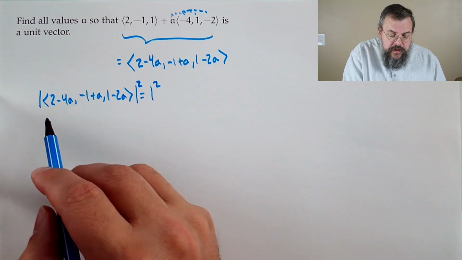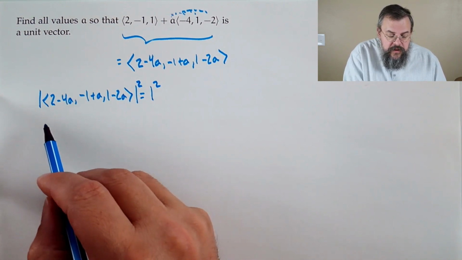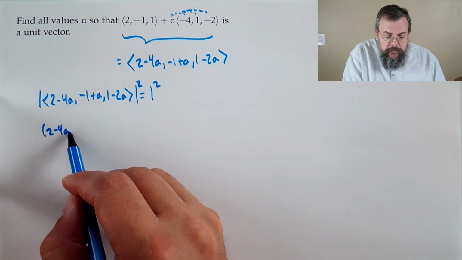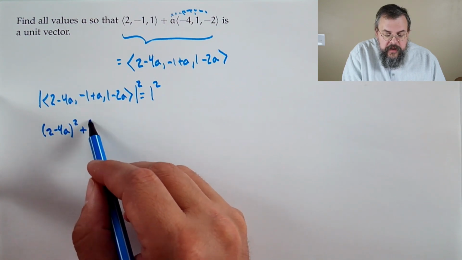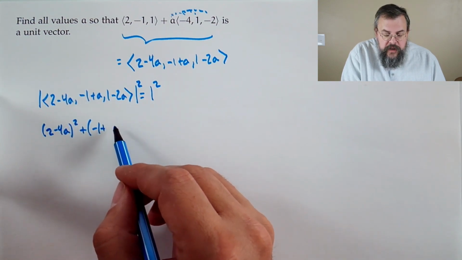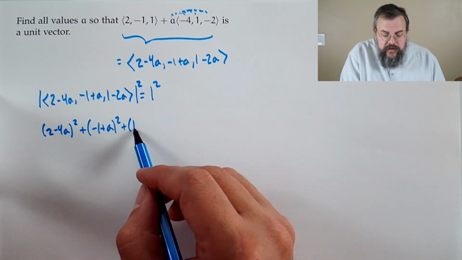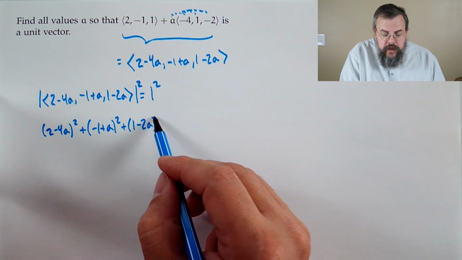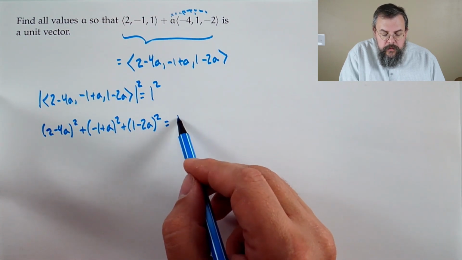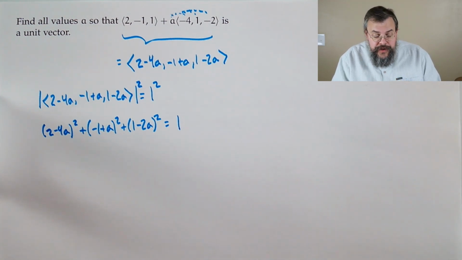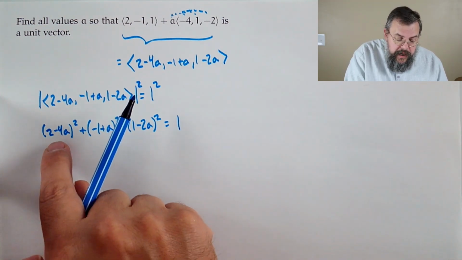Okay, so what is that? If I'm squaring the magnitude, it says square the first entry, (2 - 4a) squared, and then square the second entry, (-1 + a) squared, and square the last entry, (1 - 2a) squared, equals 1. Now, be patient. All right, expand.